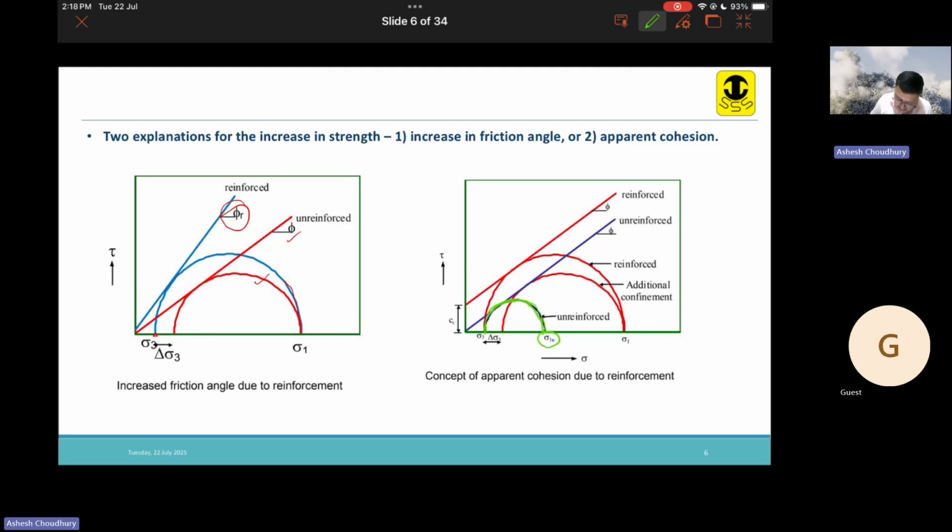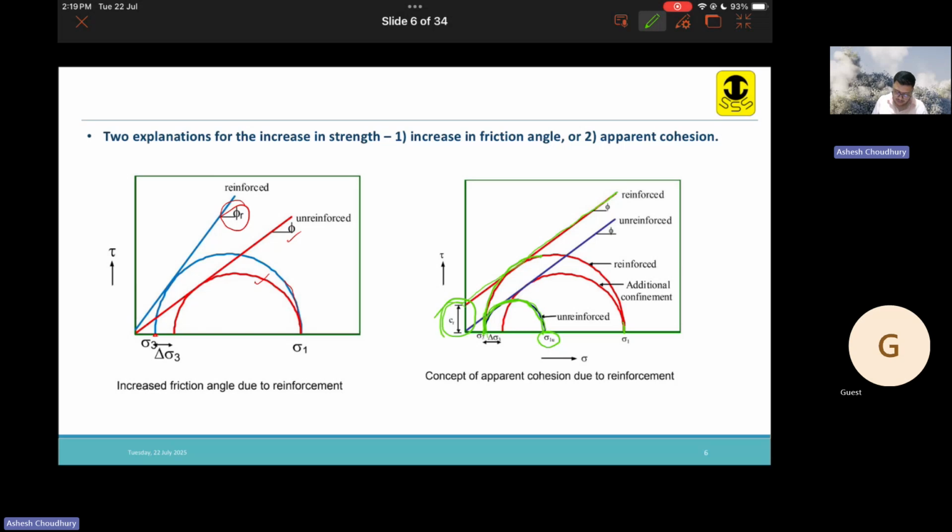Now, if we reinforce the soil at the same sigma 3, that's the opposite of the previous one. Unreinforced at 50 kPa, it is failing at 100. Now reinforced at the same sigma 3 of 50 kPa, it will fail at a higher value, say 200. If we draw this here, we get a cohesion.